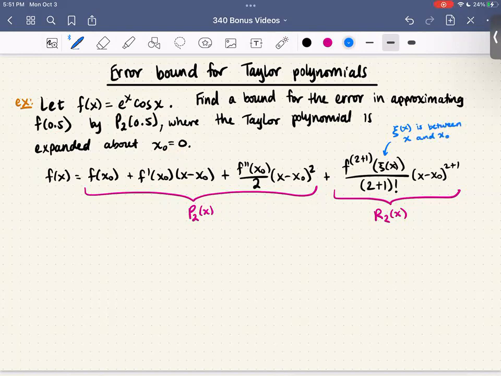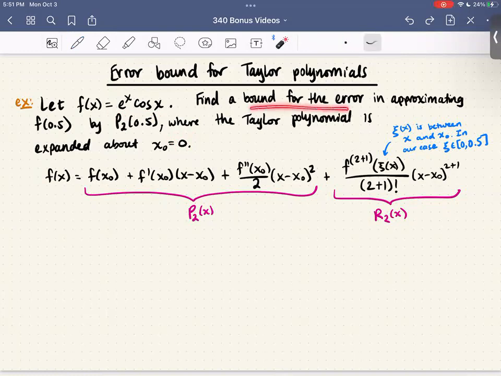In our case, x, where we evaluate, is 0.5. And x sub 0, where we've expanded the polynomial, is 0. So c is going to be between 0 and 0.5. So that's really all we know at this stage.